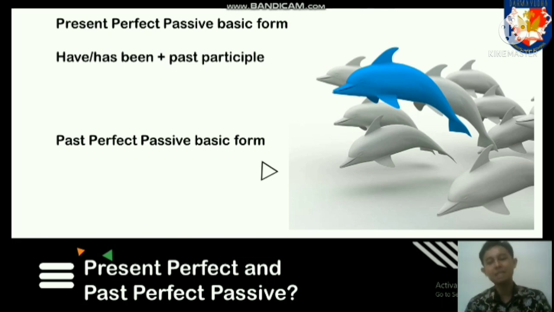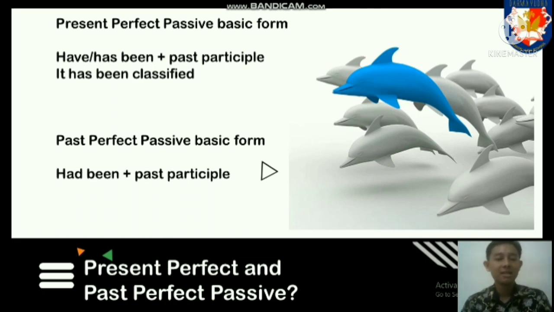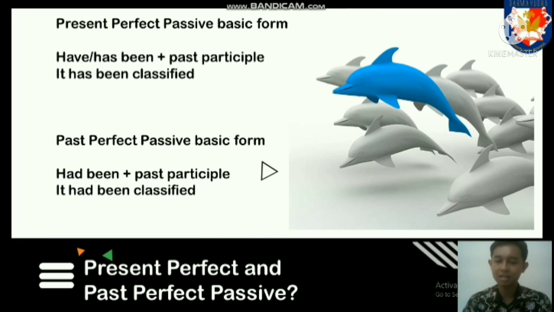Remember, passive voice or passive verbs are always added past participle. Always, guys. That's why here there is past participle. For example, it has been classified. And then the next part of it, had been plus past participle. For example, like this one, it had been classified, guys.